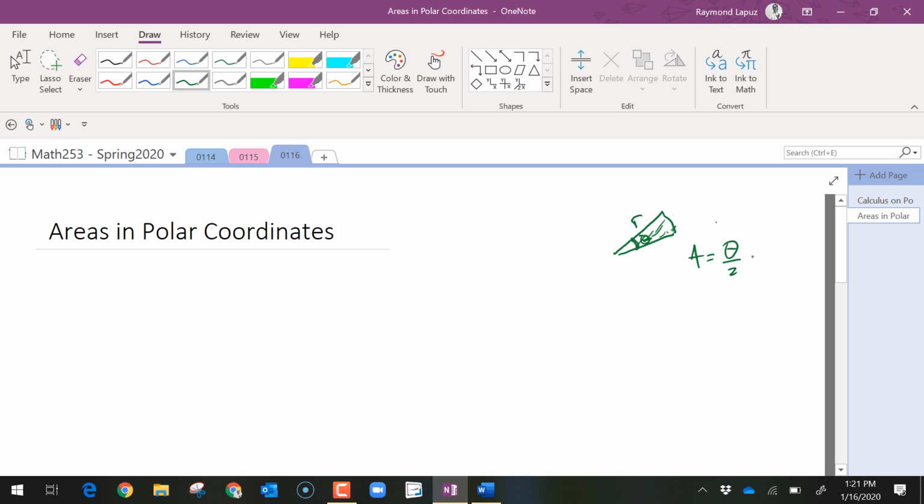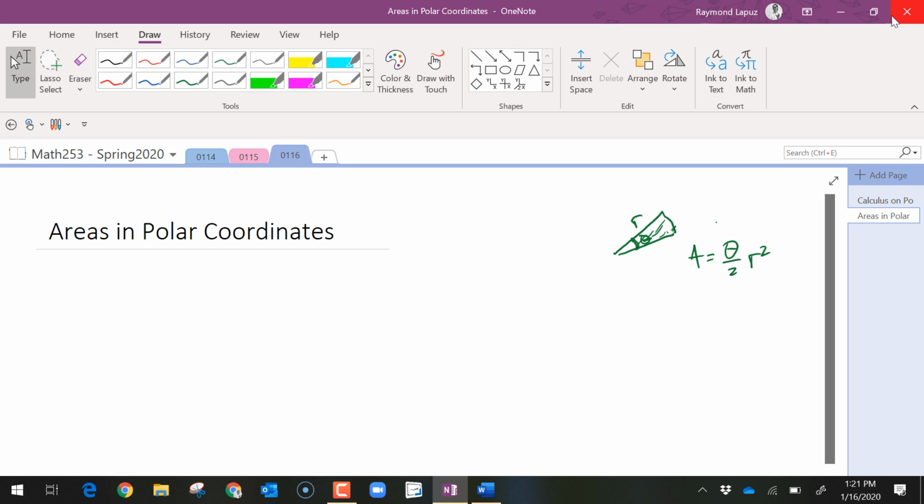Theta over 2 times r squared. So it's 1/2 r squared theta. That's the area of a sector.